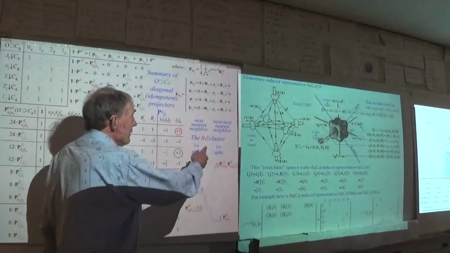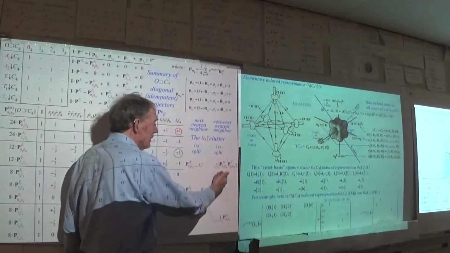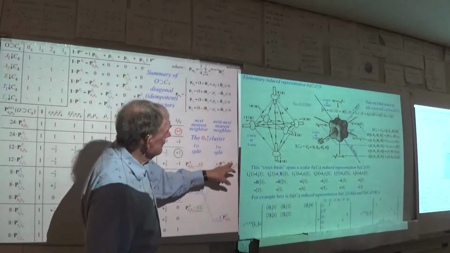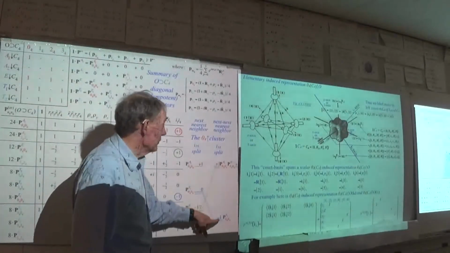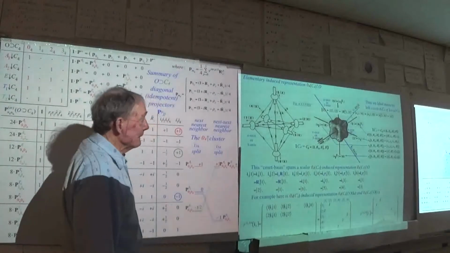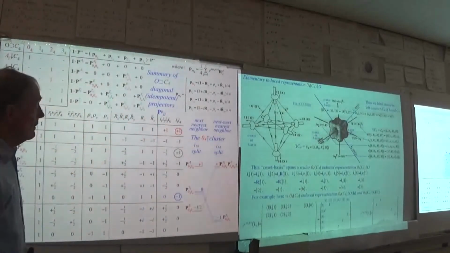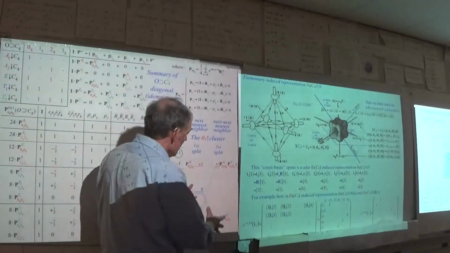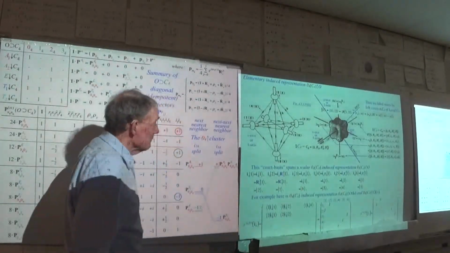So this is the next nearest neighbor tunneling effect. And you can see that it makes the A1 and the E next to each other, on top of each other, and the T1 goes the other way on that one. So if you have a mixture of those two parameters, then you don't make anything.